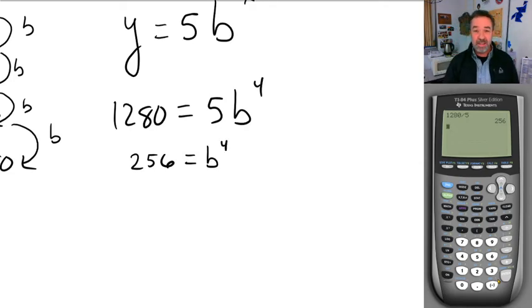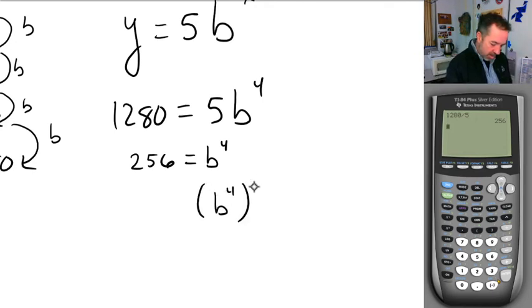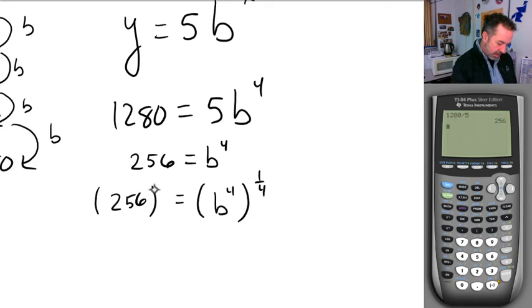So I'm going to raise each side of this equation to the 1/4 power. B to the 4th to the 1/4 power will give me b. And over here it's going to be 256 to the 1/4 power also. So let's take 256 and raise that to the 1 divided by 4 power.